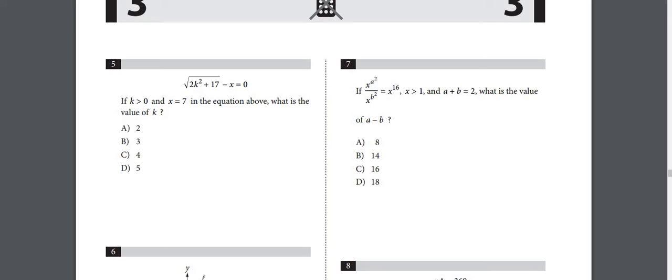So really on the left side, if you can reduce that to x to the power something equals x to the power 16, that's the goal. Also x is greater than 1, and the other thing given is a plus b equals 2. So the question is find a minus b.